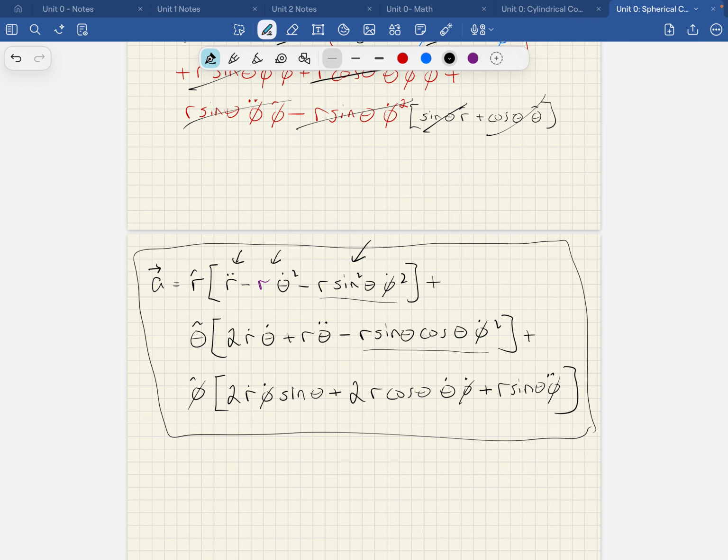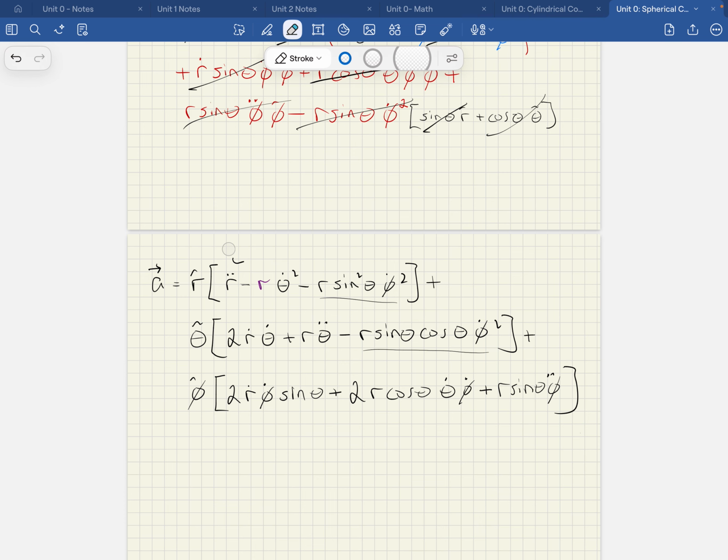So the centripetal acceleration of going around the small circle points both in the r direction and in the theta direction. So this is a centripetal acceleration for going around the big circle. These two together are the centripetal acceleration going around the small circle. This is the radial acceleration.